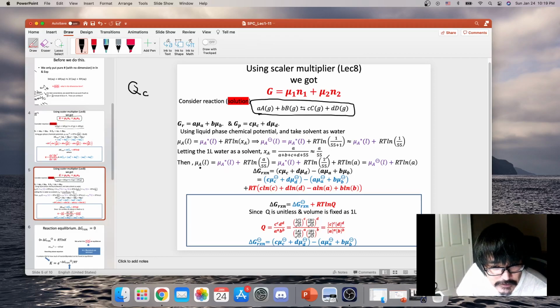Then the chemical potential of the mixture liquid solution is equal to the chemical potential of the pure liquid of that kind plus RT log of this guy, that's the mole fraction, approximately speaking.